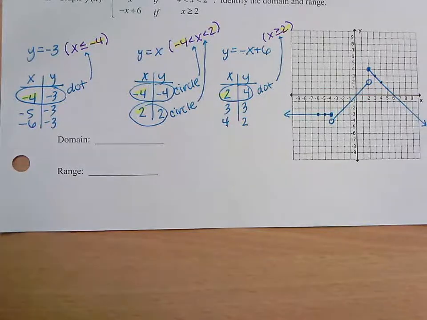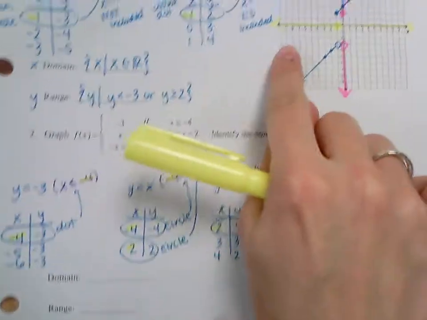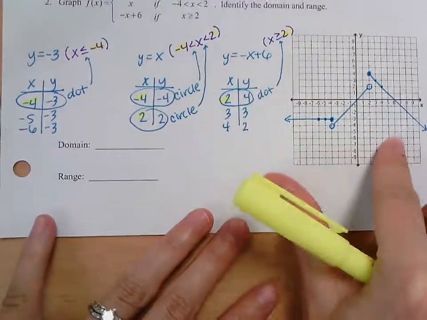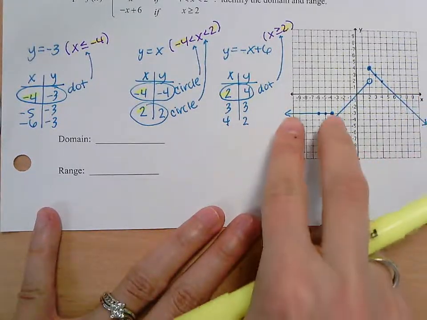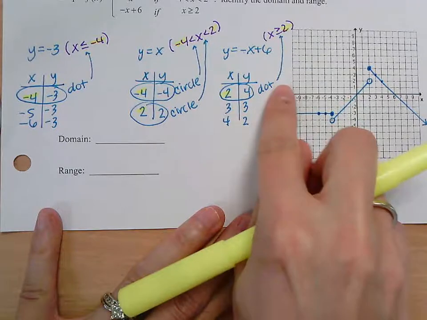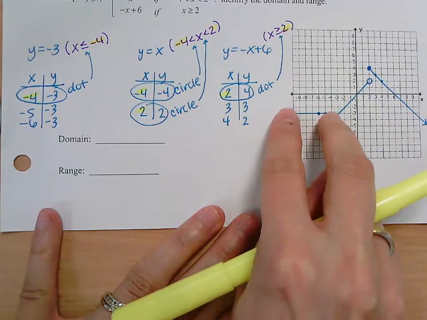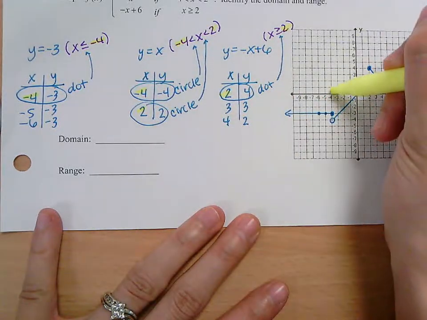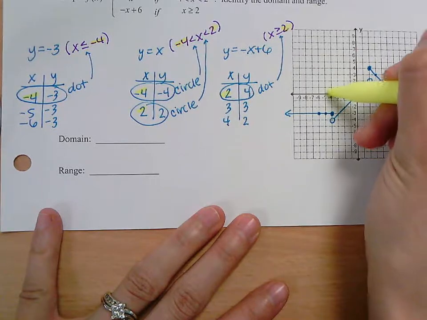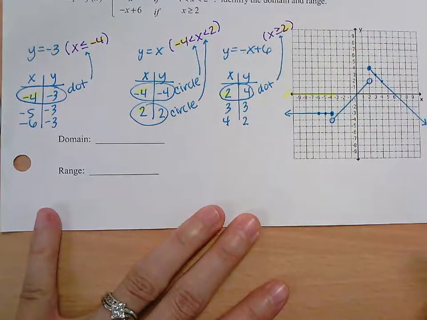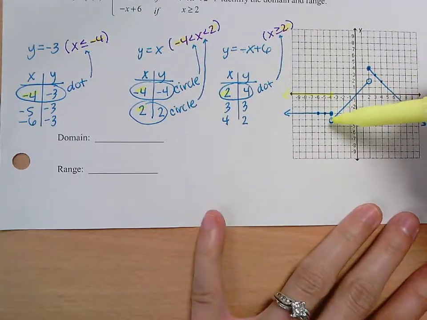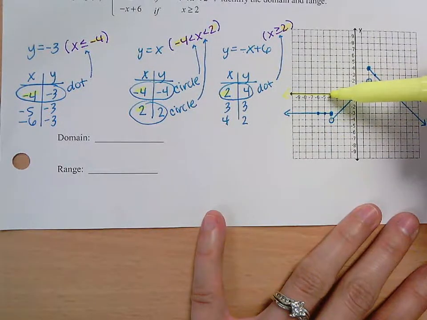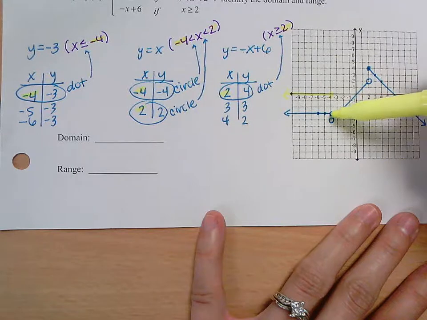Domain for this one. Again, I'll explain like I explained before, just to give another explanation if you didn't quite understand it. So I'm bringing everything to the x-axis for the domain. If I bring this up, it's a dot at -4 and everything less than that is shaded. Then my middle segment has a circle at -4, but -4 is already included from this dot here.